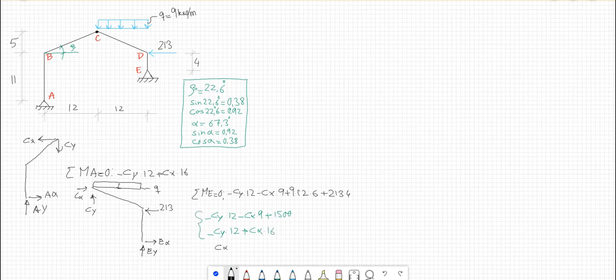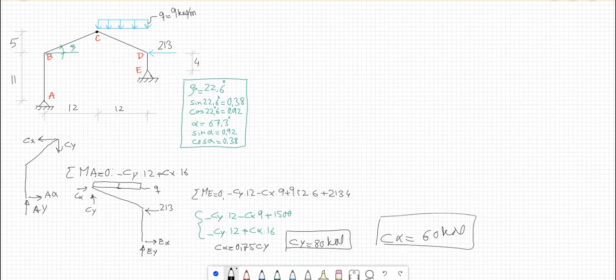So now we have two equations and two unknowns, and from the two equations we can simply find Cy and also Cx. And using force equilibrium in the horizontal and vertical directions, you can find the other reaction forces at point E.